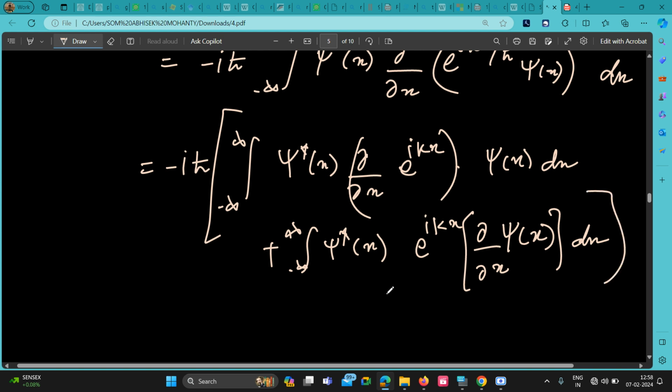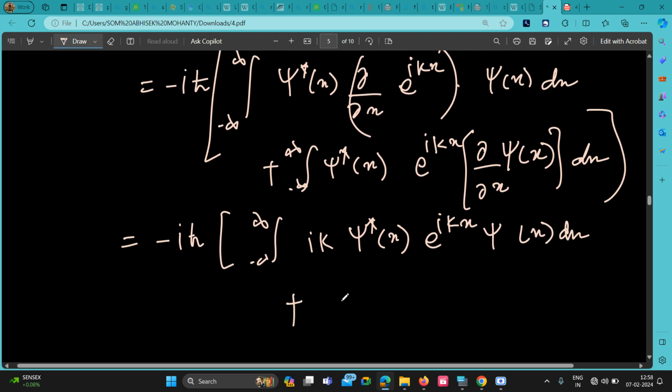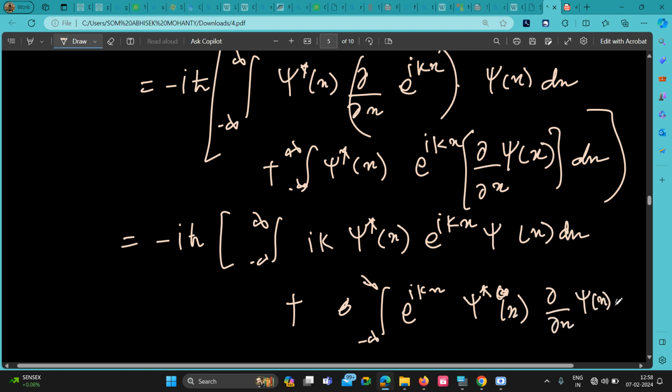So minus i h cut integral; the derivative of i k x is i k, by h cut, psi star x e to the power i k x psi x dx, plus the integral of e to the power i k x psi star x del by del x of psi x dx.